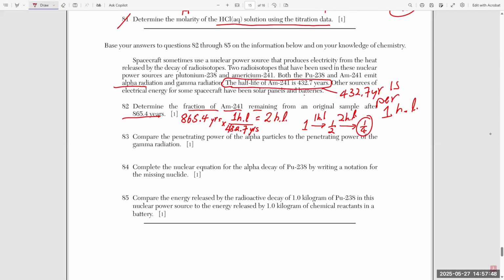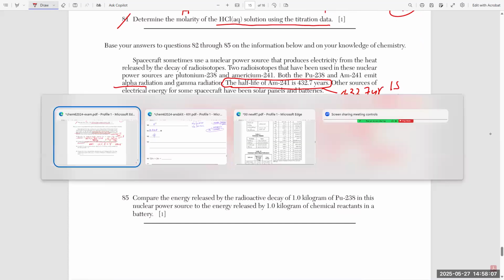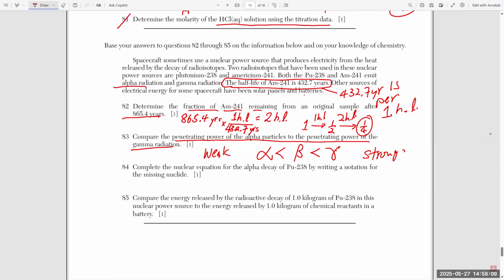83. Compare the penetrating power of the alpha particles to the penetrating power of the gamma radiation, okay? So essentially, it goes from weak to strong, and the order is alpha, then beta, then gamma, okay? So you just have to memorize this, okay?